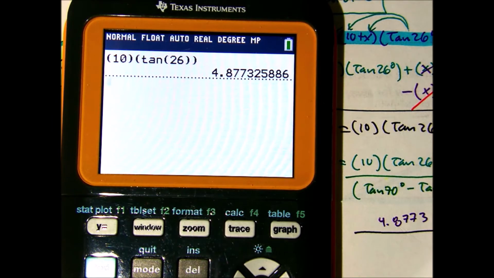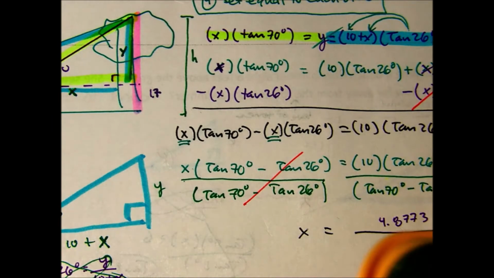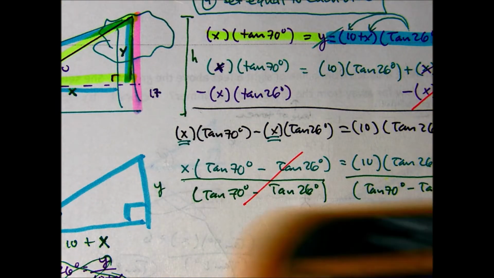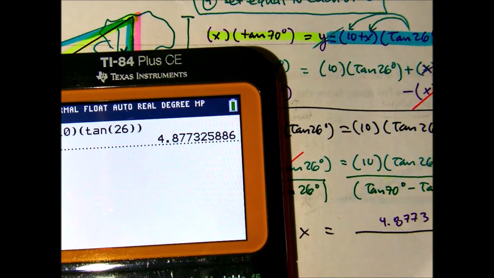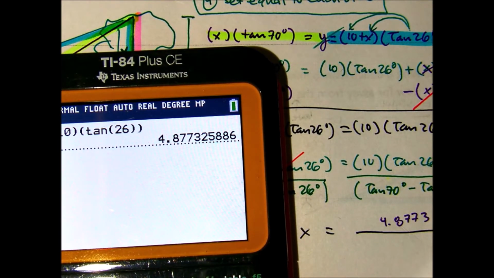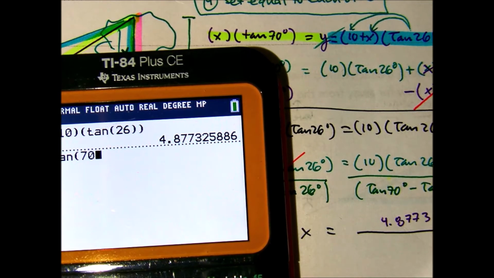Remember, although it tells me to round to, does it tell me to round? Nearest meter. I'm not going to do that till the very end. Tangent of 70 minus the tangent of 26.